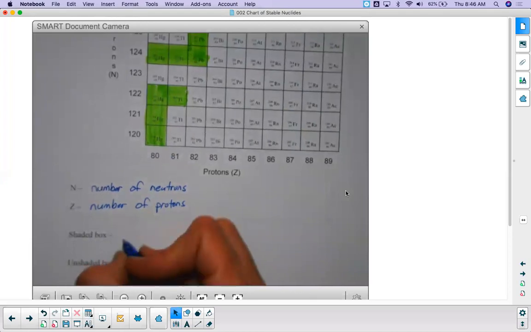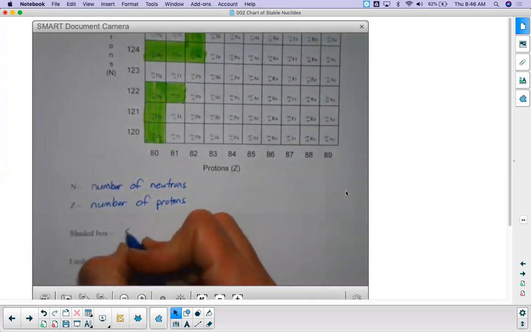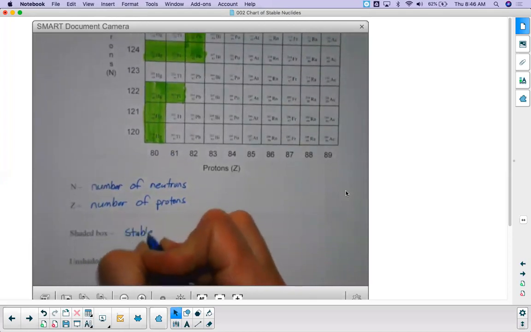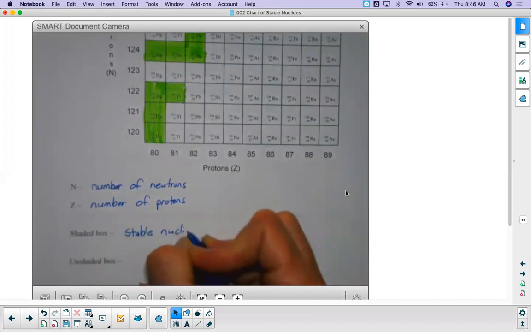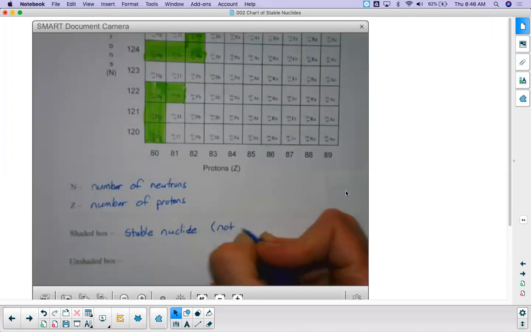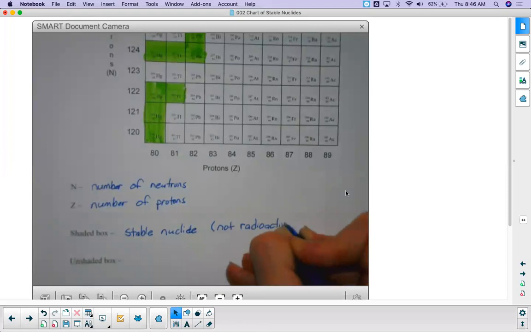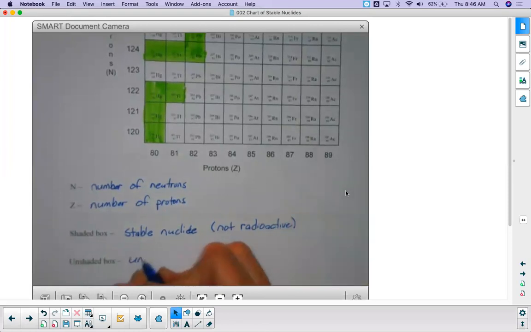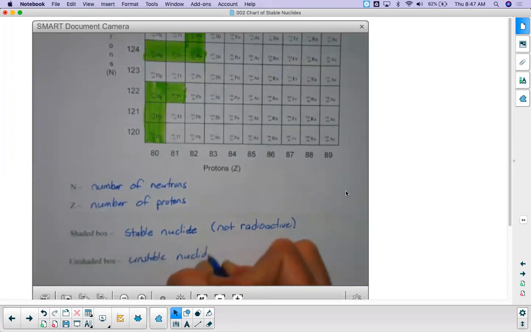On this chart, a shaded box is something that's stable. In other words, it's not radioactive. And an unshaded box is an unstable nuclide.